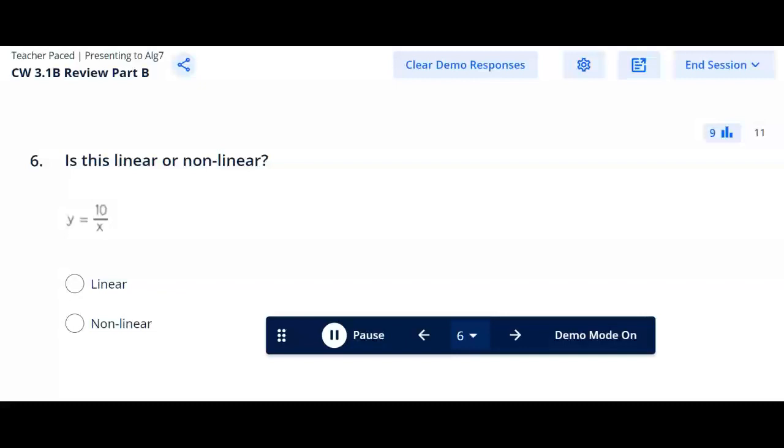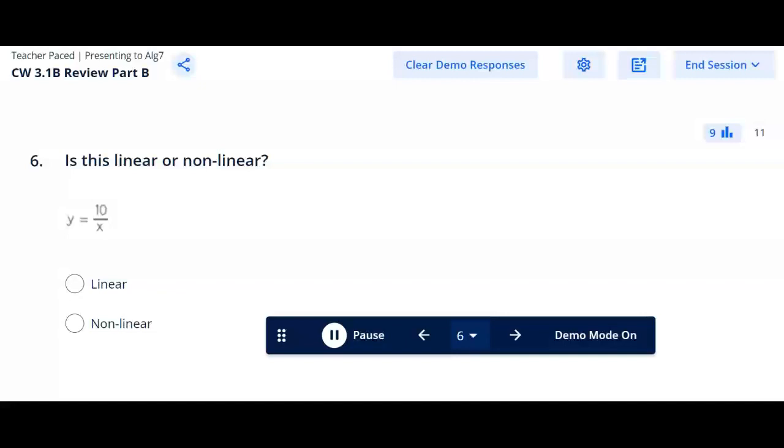We have some examples in our notes we could reference. Okay, everyone has answered number 6 correctly. This is non-linear.